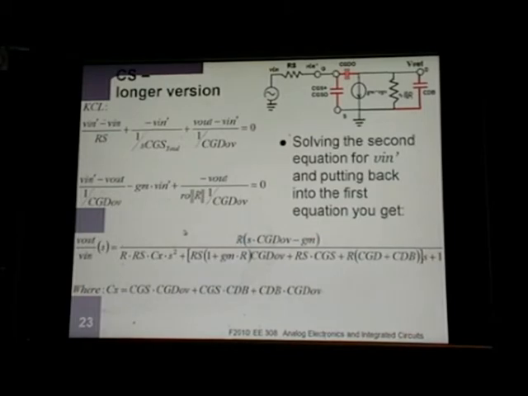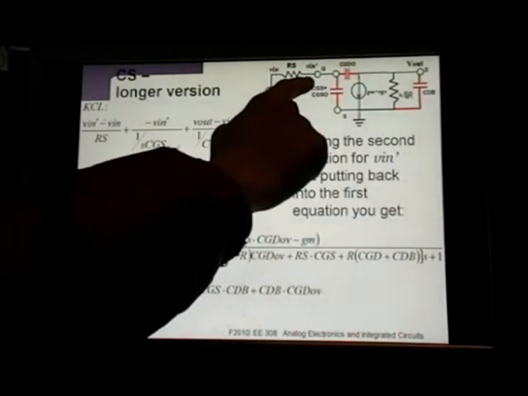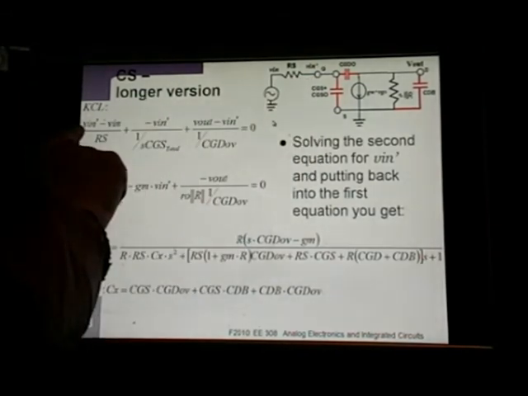If you want to do a longer version, which gives you some new interesting information, you need to go through the small signal model analysis. So that's what I did here. I used KCL. I took V in, oops, do I have this backwards?